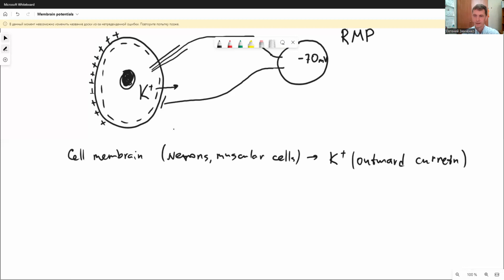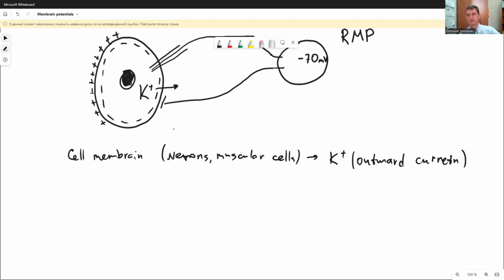That's why the membrane potential depends upon this process mostly. But the membrane is permeable for other ions, other cations such as sodium and calcium, but in a very small amount. That's why the influence of these currents on the resting membrane potential is very, very low.